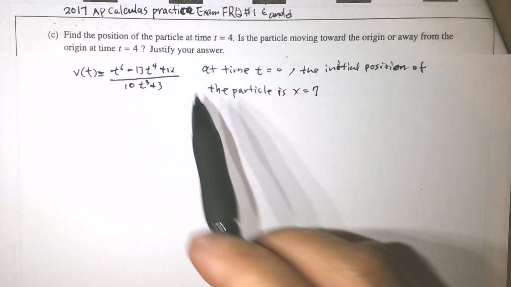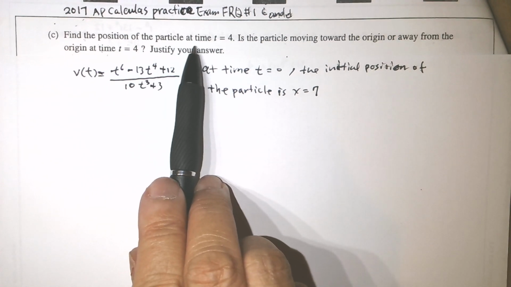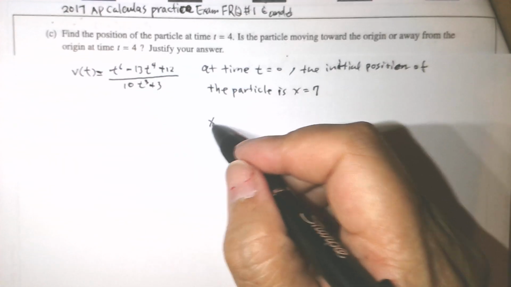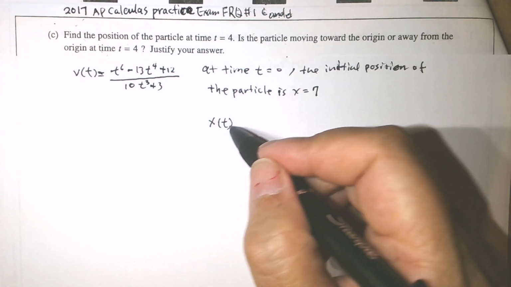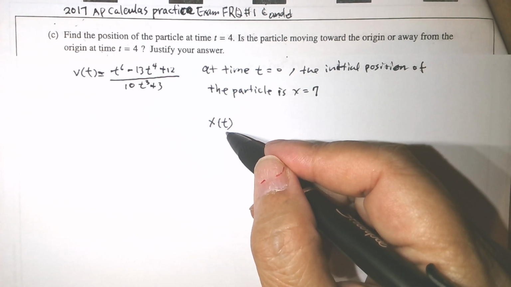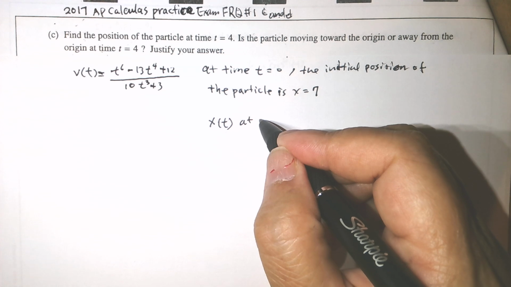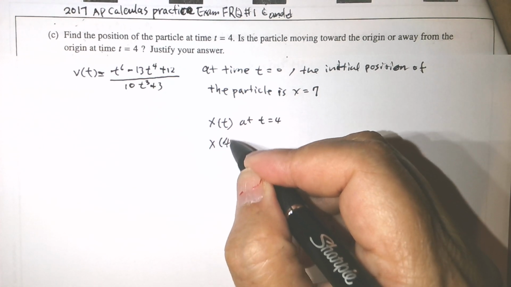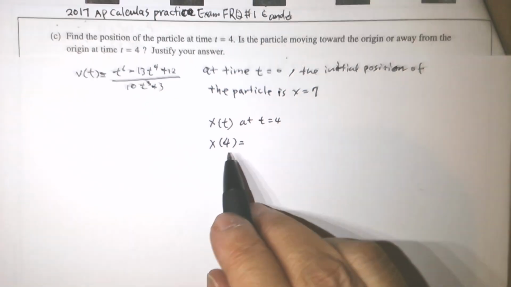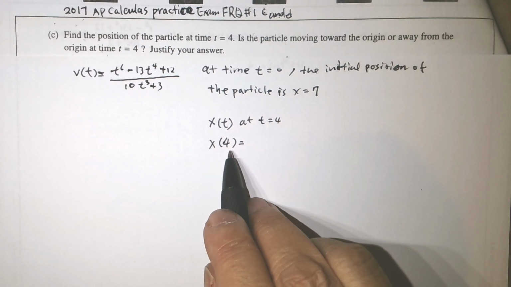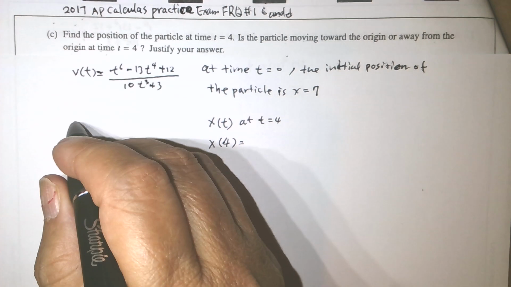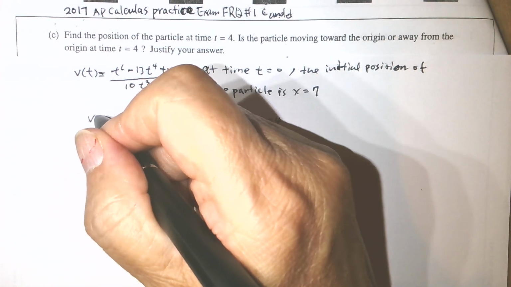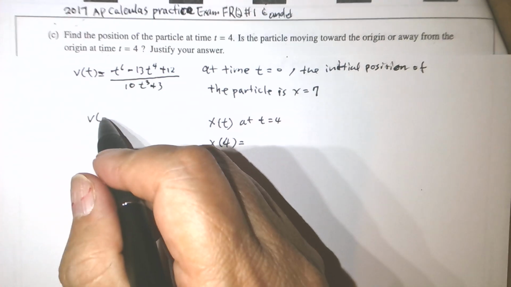So we need to find out the position of the particle first. We use x(t) as the function for position, and at t equal to 4 we need x(4). The second thing we need to find is the velocity at 4.